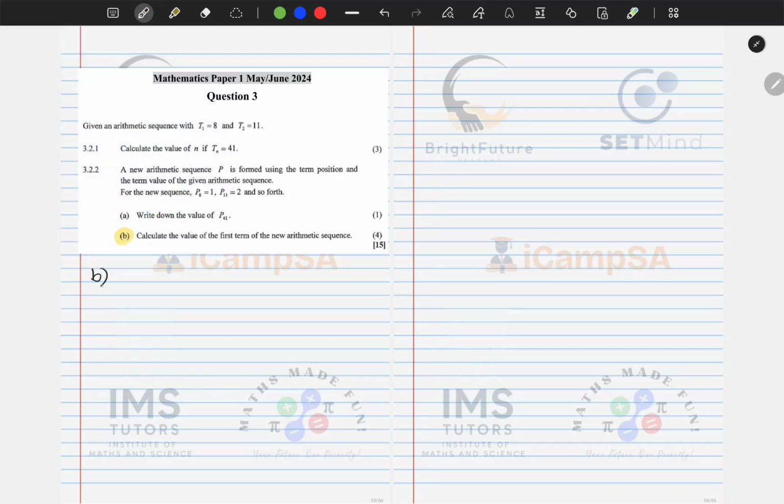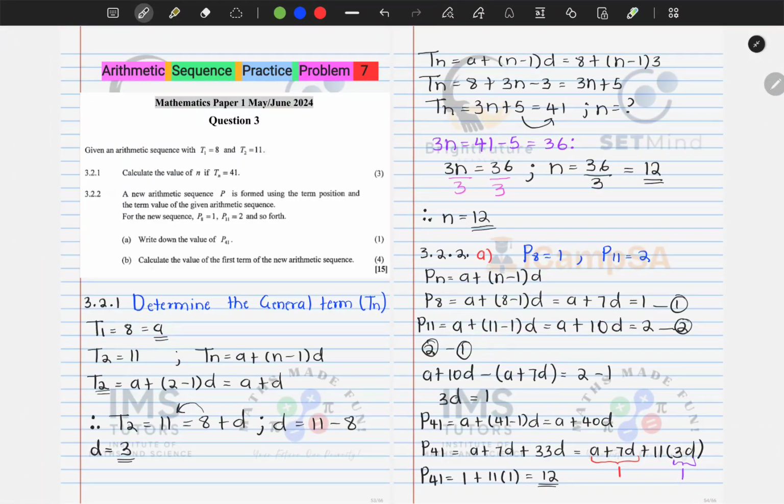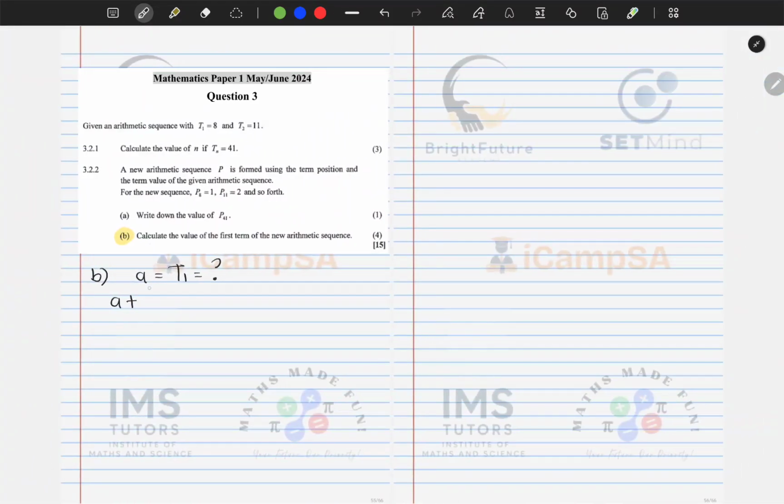So for B, they are asking us what is the value of a, which, remember, is always given by T1. What we found on the previous page was that you have a plus 7d equaling 1. But we also found that 3d equals 1.